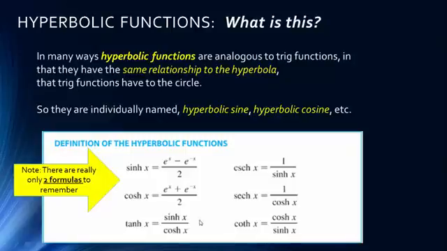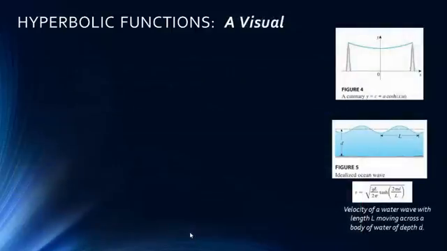Notice everything else is defined in the exact same way that trig functions are. Tangent equals sine over cosine, cosecant equals 1 over sine, etc. So you really only have 2 hyperbolic functions to memorize, sine and cosine, and then you can apply the ratios that you know from trigonometry for the rest. Okay?